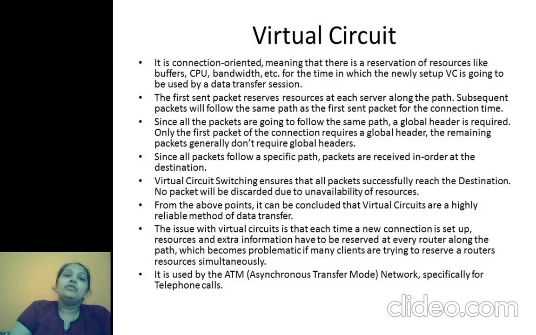After that, the receiver receives the call. The receiver receiving the call is the connection establishment. After establishing the connection, you can talk with the receiver.